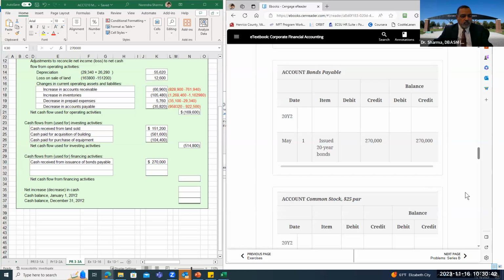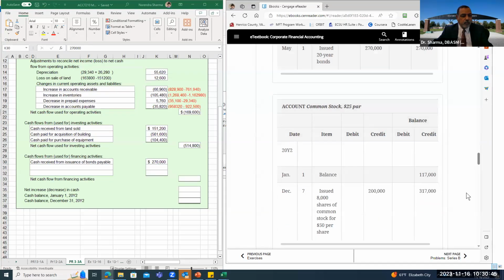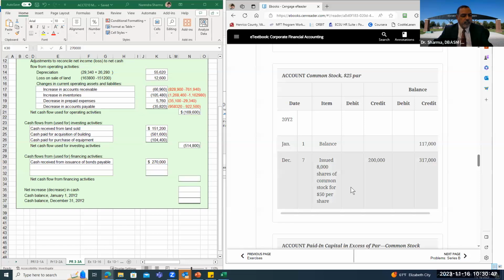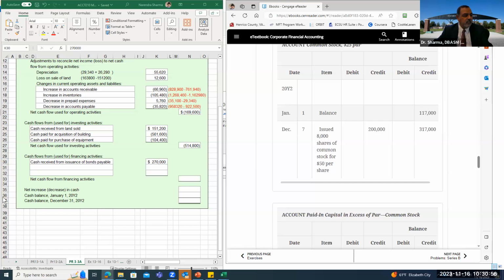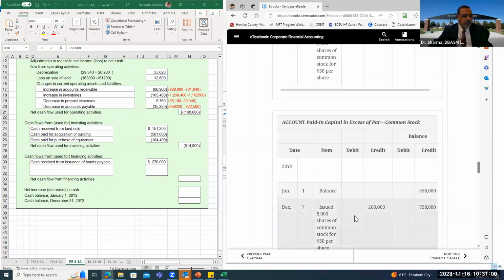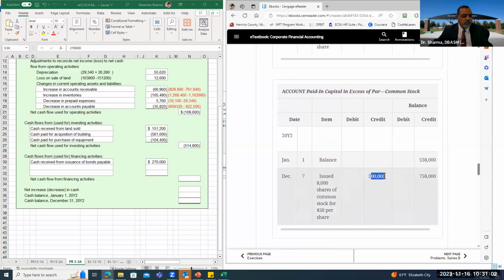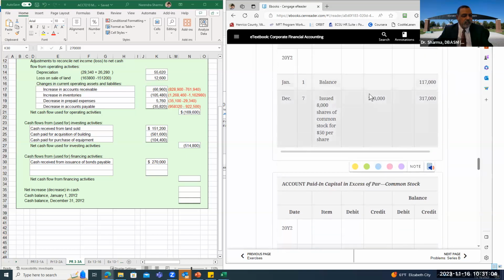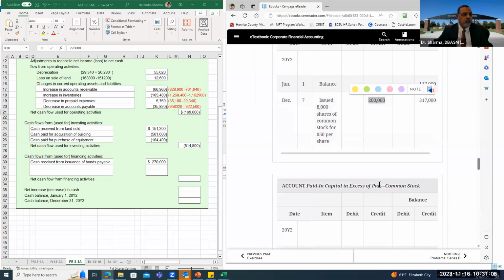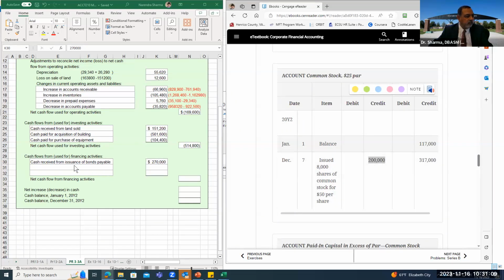Okay, so common stock is 25 at par, and we have issued 8,000 shares of common stock for 50. So that would mean we have issued them at a higher price. So 25 was par. That is why you can see this 200,000 here and 200,000 here. So that would make it 400,000. So cash received from issuance of common stock.